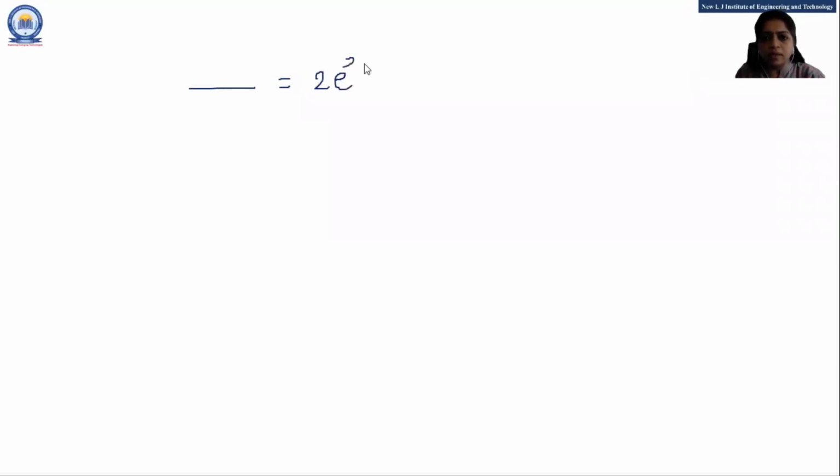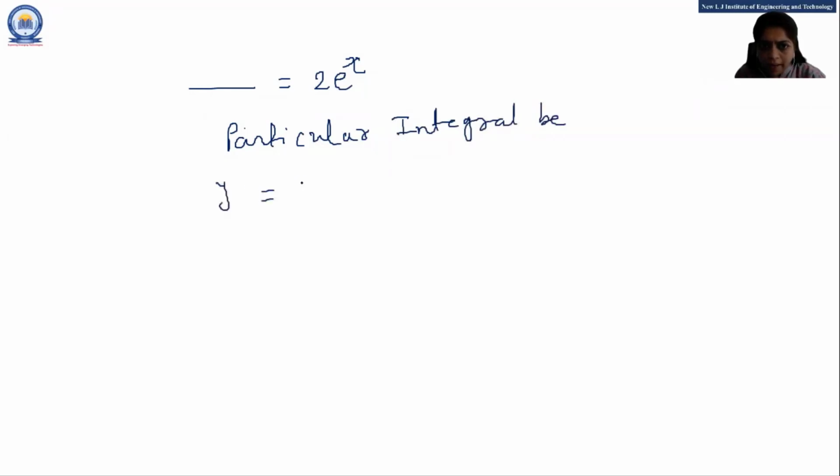When your right hand side is 2 e raised to x, and you want to write your particular integral, then your particular integral will be y equal to a e raised to x, where a is any constant.